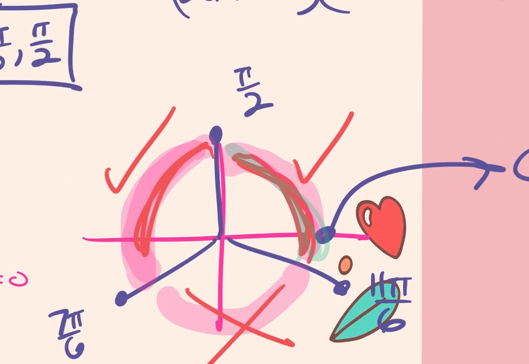But is that a range you can list? No, right? Because 11 pi over 6 is bigger than pi over 2. I can say pi over 2 to 11 pi over 6, but I can't say 11 pi over 6 to pi over 2. So I have to give it in 2 parts: 11 pi over 6 to 2 pi, and 0 to pi over 2. So that one section has to get cut into 2 parts.